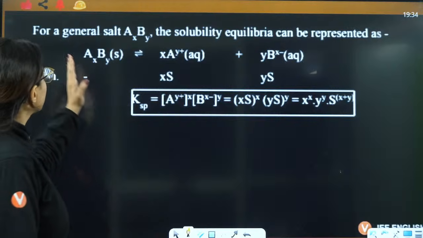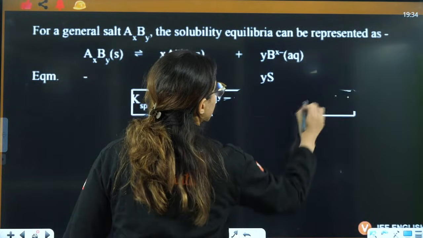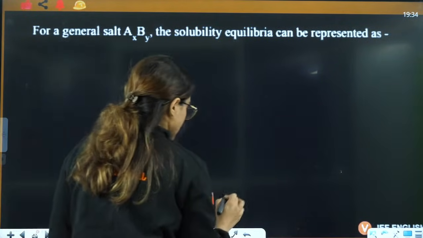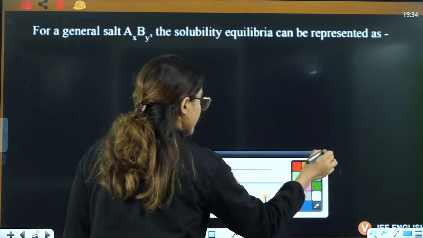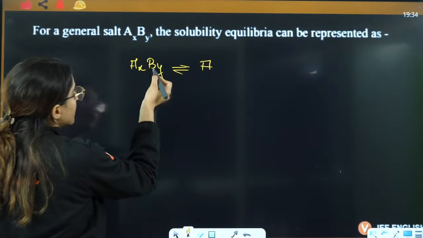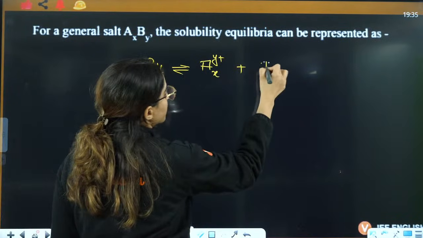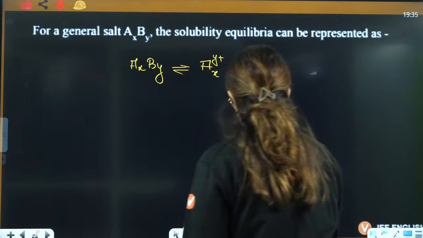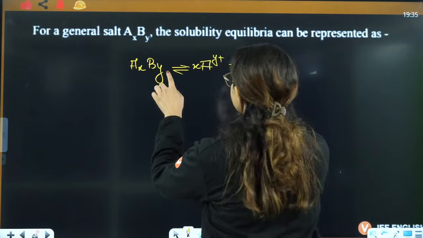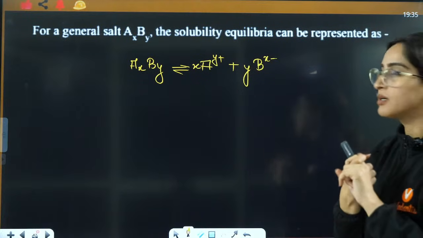Say this salt AxBy dissociates into x times Ay positive and y times Bx negative, because all the salts are formed by cross multiplication, right?